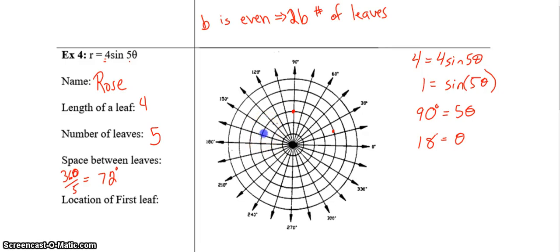So 150, 165 in here. Again, 15, 30, 45, 60, 75 would be the next one. So it's a little short of that. Again, 15, 30, 60, 75.